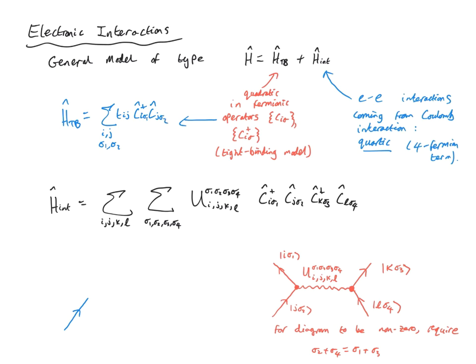So I have a state coming in labelled by orbital index j and spin sigma 2. And it gets transformed and flows out again from this term in the Hamiltonian into a state I with spin sigma 1.